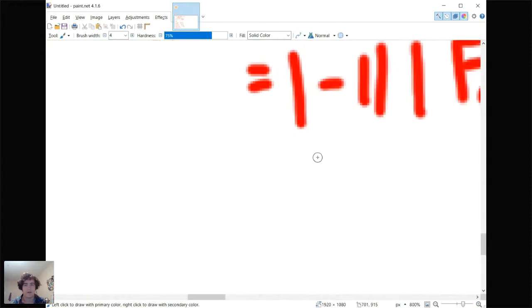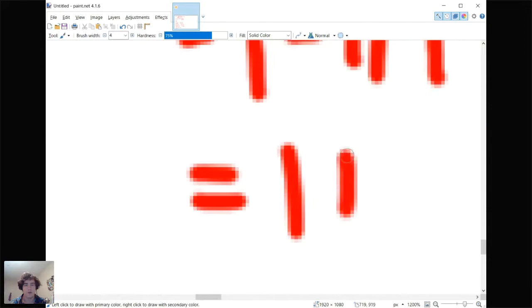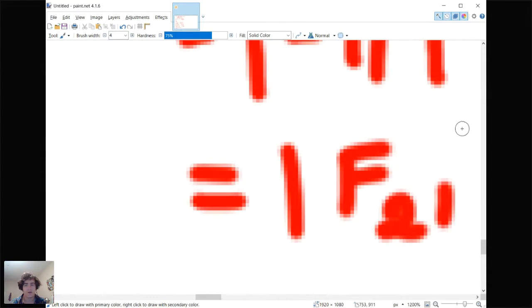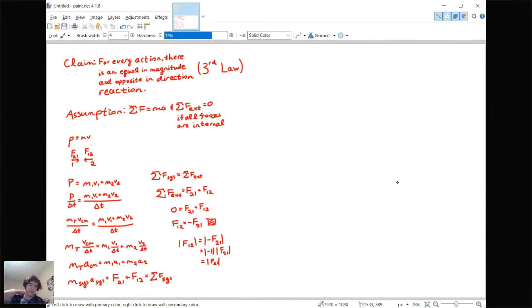The absolute value of -1 is just 1. So the magnitude of F12 is equal to the magnitude of F21. And as you can very clearly see, if one vector is a negative of the other vector, that means they're pointing in opposite directions, right?